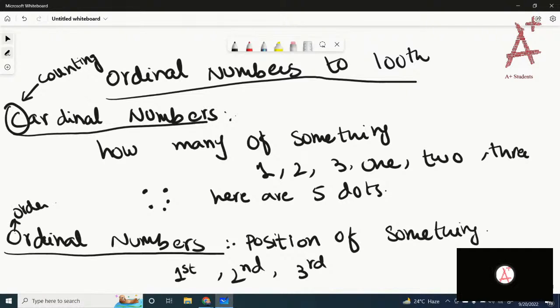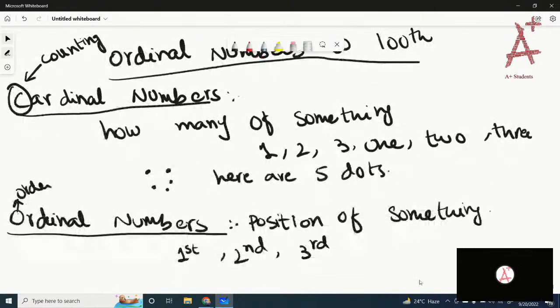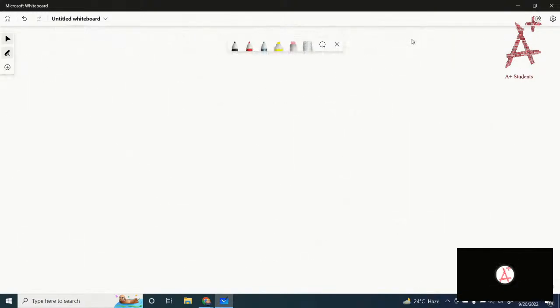So let's start with an example. The first example is, which of the following are cardinal numbers? You are given three numbers and you need to see which of them are cardinals.